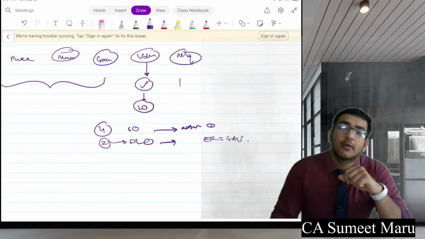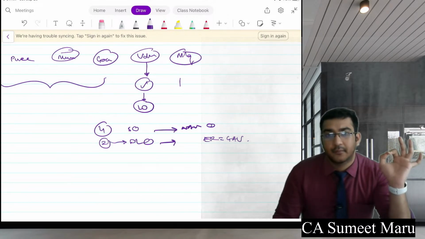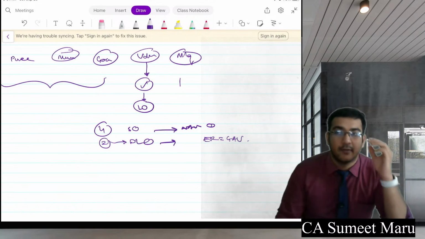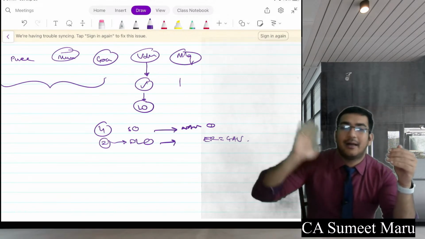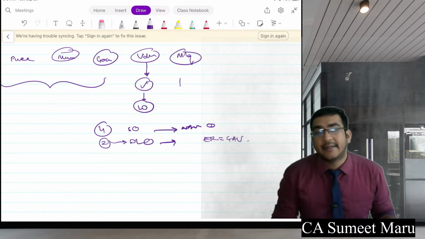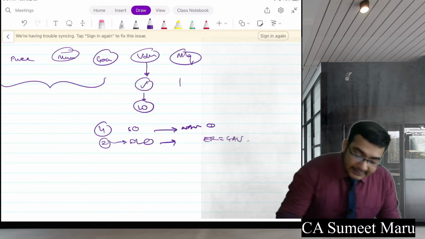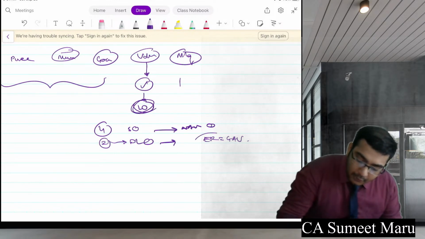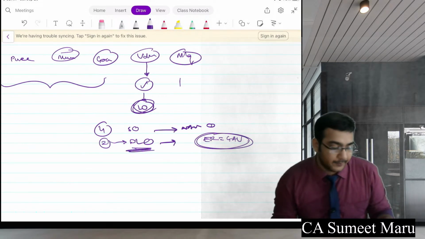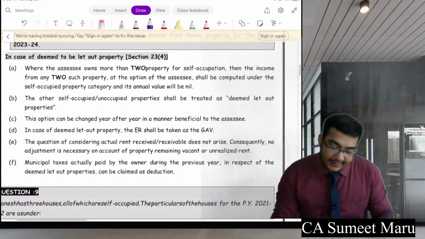So in deemed to be let out properties, the expected rent itself will become your gross annual value, and further steps you will do normally: minus municipal taxes paid and NAV, and then subtract 30% and then the interest on borrowed capital. Please remember, for let out property and deemed to be let out property, there is no limit on interest on borrowed capital. Okay, so this could be the case here.